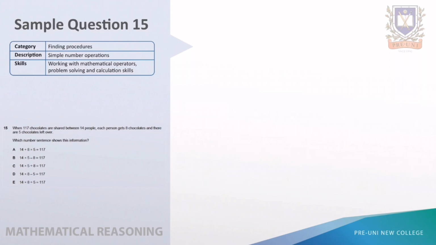So this type of question is not completely new for students. So to approach this question, we can firstly just look at the first pieces of information. So when 117 chocolates are shared between 14 people, each person gets 8 chocolates and there are 5 chocolates left over. So we can firstly write that the chocolates are shared between 14 people, and if each person got 8, there would be 5 left over.